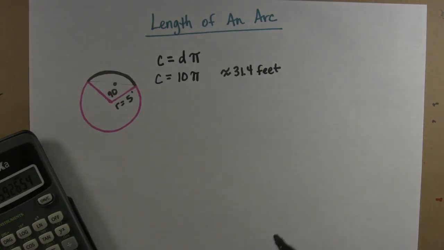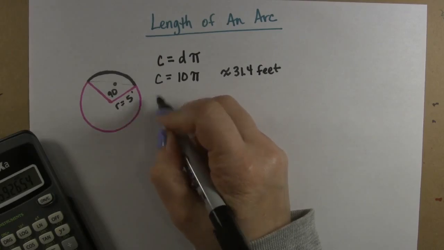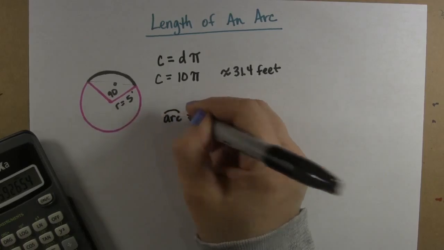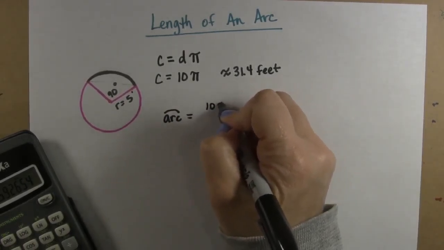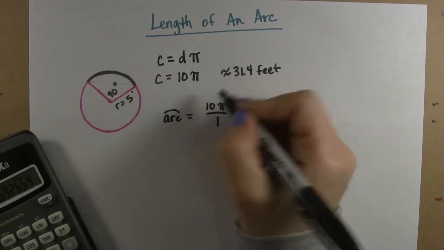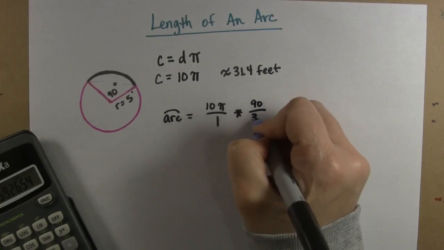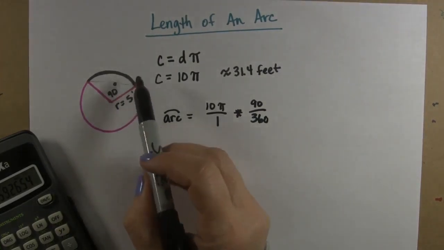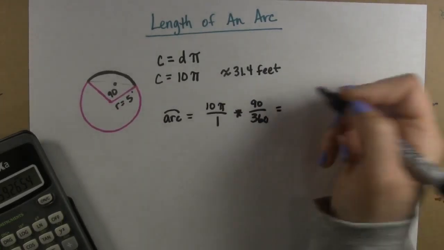All right, so then our next step is to say, okay, the arc length is going to be 10 pi over 1, that's just our circumference that we already calculated, times 90 over 360, because we're doing 90 degrees out of a 360-degree circle.